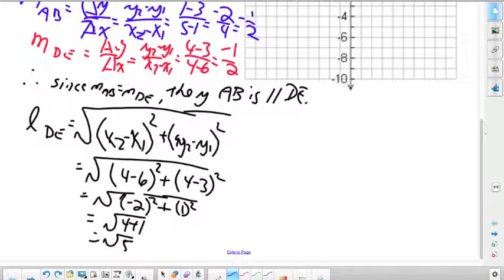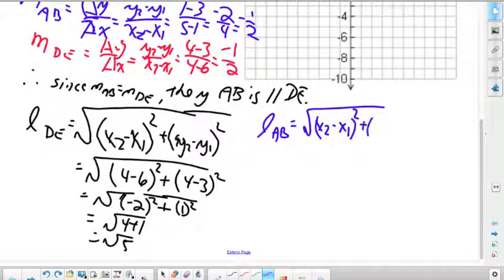So that's the length of DE. Now the length of AB. Do you see why we need to keep practicing these formulas? We need these formulas over and over again just to prove certain concepts. So length of AB, let me just write out the formula. x2 minus x1 squared plus y2 minus y1 squared.